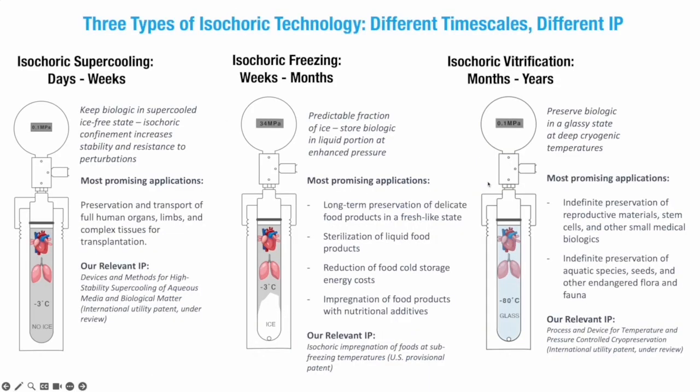So we are working on these three technologies: supercooling, freezing that I've just discussed, and vitrification. Now, isochoric freezing can preserve biological matter, we found, for days and weeks. So we can extend the preservation to between days and weeks, and we have, again, good results.